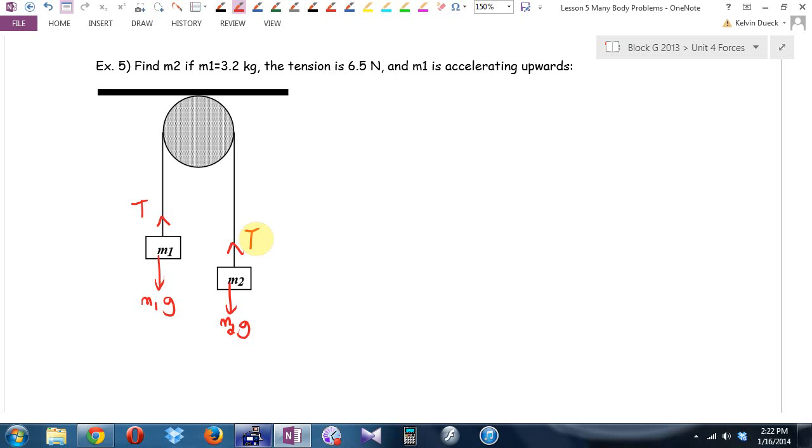Yeah. Says because mass 1 is accelerating upwards, can you assume that mass 2 is bigger than mass 1? Yep. In fact, I think what you're really saying is, I think M2G is the winner. I think that's the direction of the acceleration. Winner is going to be anything that points down on the right side.